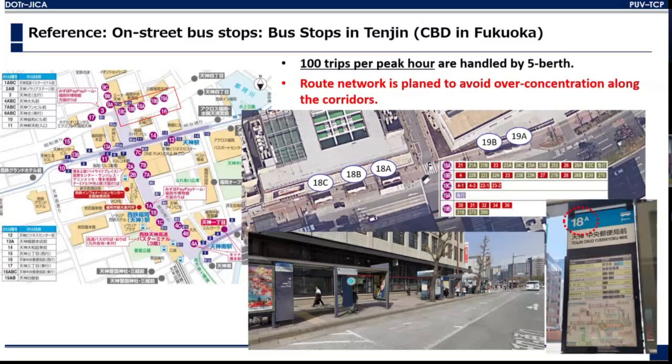And you know that there are 3 corridors in this city. To avoid concentration in one corridor, the route network is planned to avoid over-concentration, into the three east-west corridors in the city. By direction, the bus routes are separately allocated.